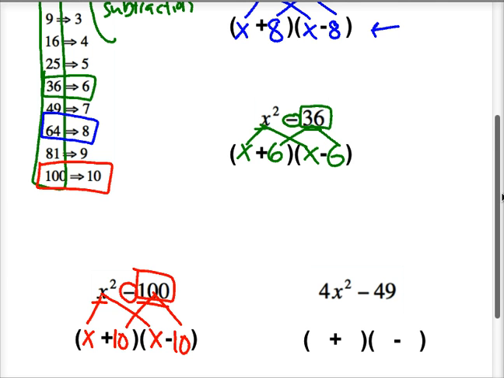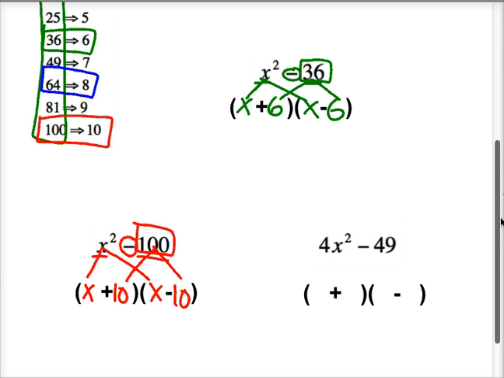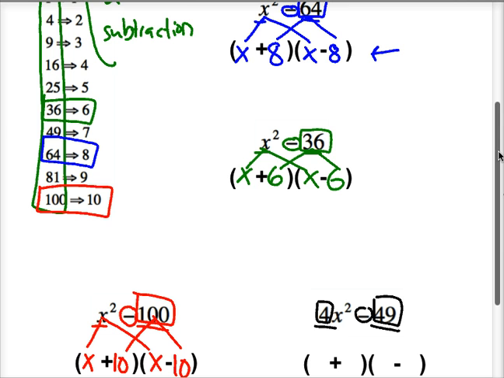Now, of course, they can get a little bit more complicated. So let's look at this one. So this one, I have two terms, I have subtraction, and notice this time I have two of those special numbers. I have 4, which relates to 2, and I have 49, which relates to 7.